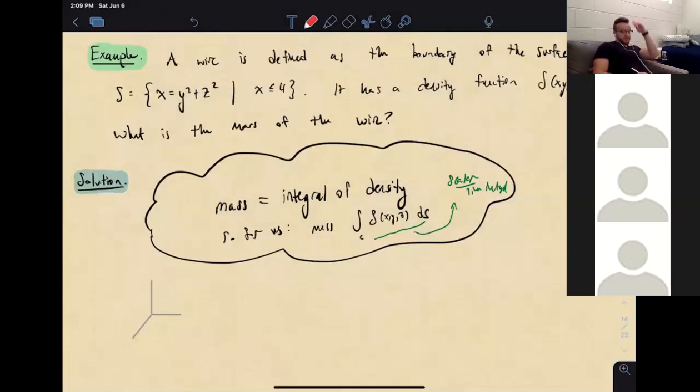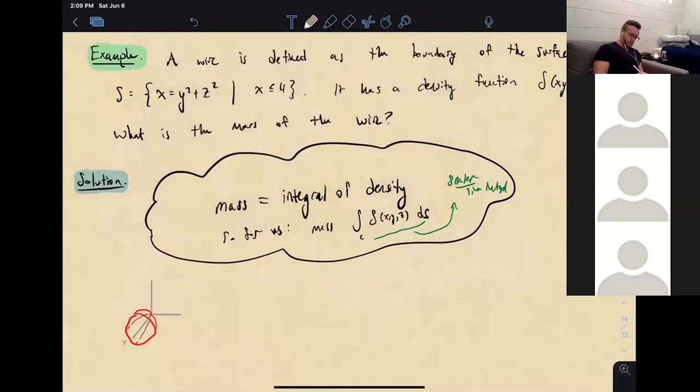So the surface is x equals y squared plus z squared. That's going to be a paraboloid opening in the x direction. And then if I cut it off at 4, we would get that.